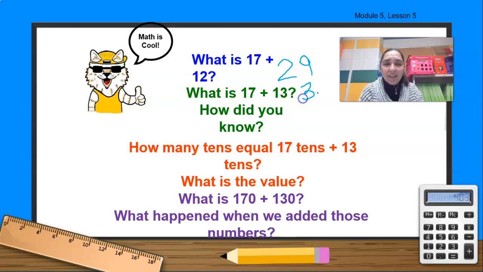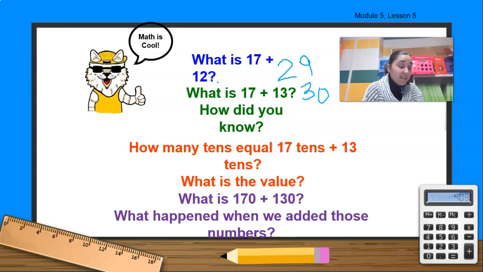Yes, 30. How did you know? Yes, boys and girls, because you know that 13 is 1 more than 12, so you added 1 more. So the answer had to be more than 29.